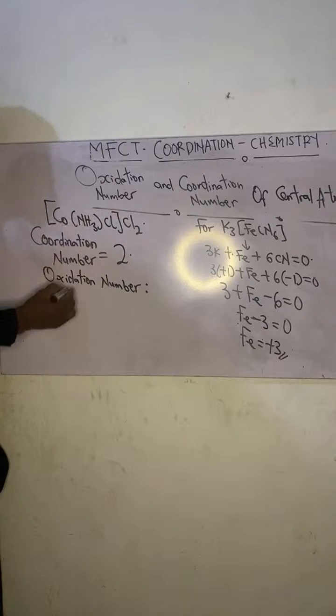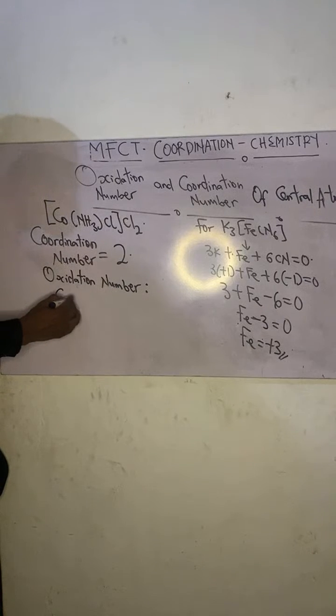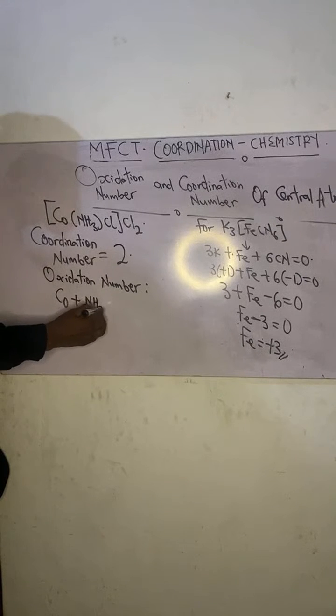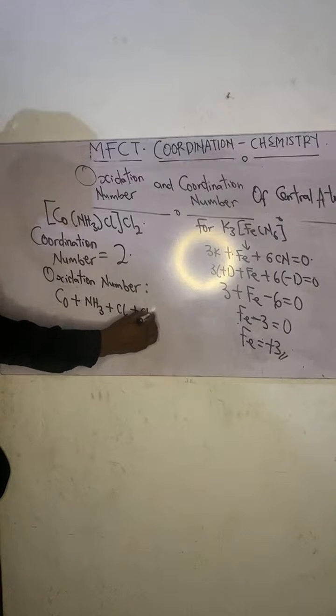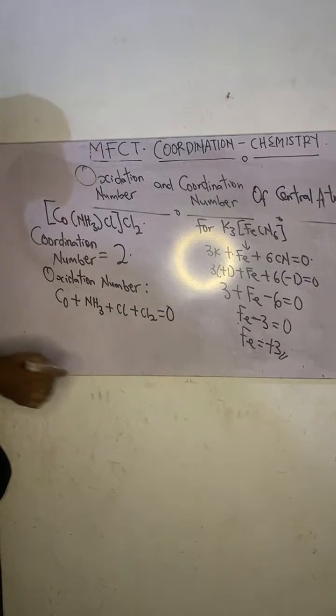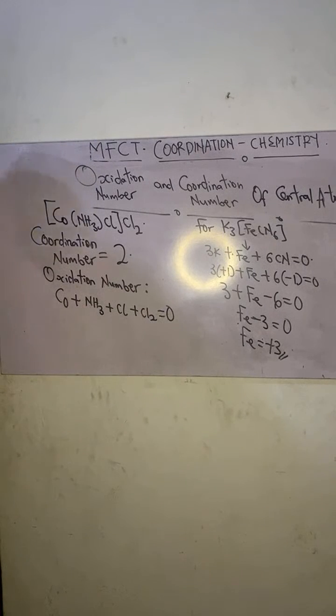Okay? Now, if you want to do the oxidation number, let's do it. So this will be Co plus NH3 plus Cl plus Cl2 equals 0. Remember that you are to treat the neutral ligand as a single entity. So that is why you have to write NH3 here.